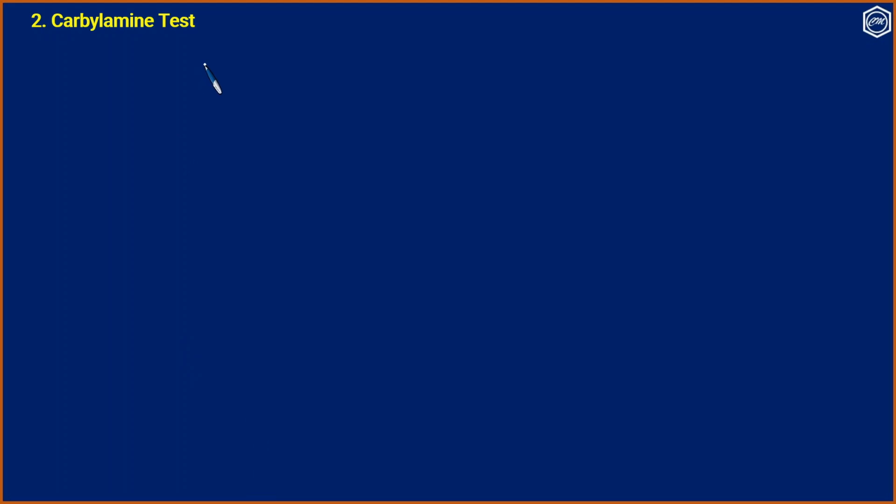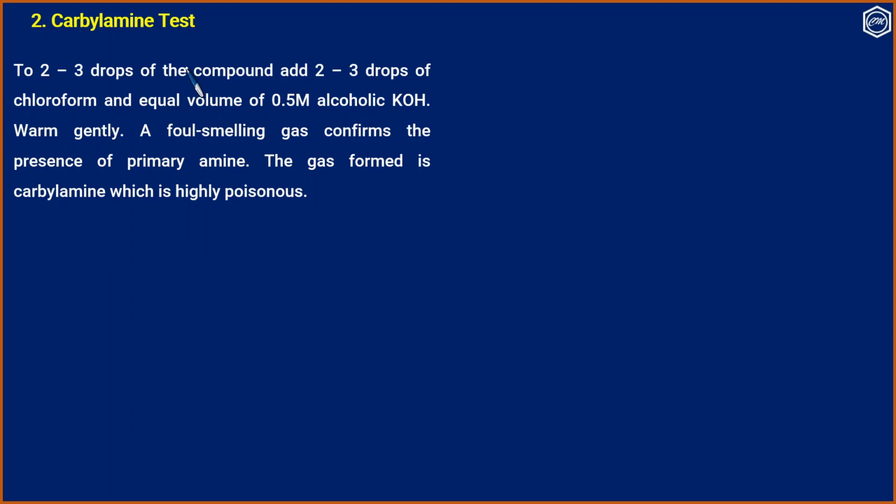An important test for both aliphatic and aromatic primary amines is the carbylamine test. The amine is heated with chloroform in the presence of alcoholic potassium hydroxide solution. To 2-3 drops of the given compound, add 2-3 drops of chloroform and an equal volume of 0.5 molar alcoholic potassium hydroxide.